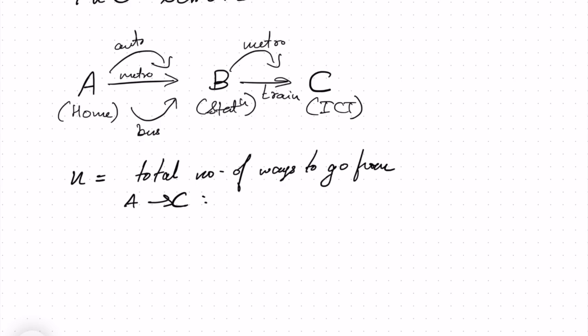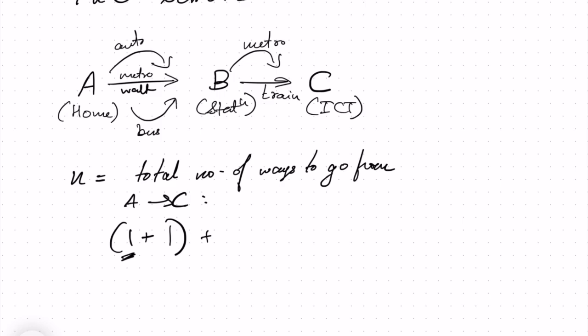So one possibility is, if I take the auto from A to B, I can either go by metro or train. So this represents the auto plus metro possibility. This is the auto plus train.